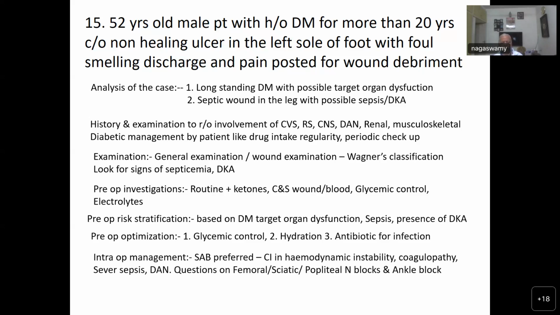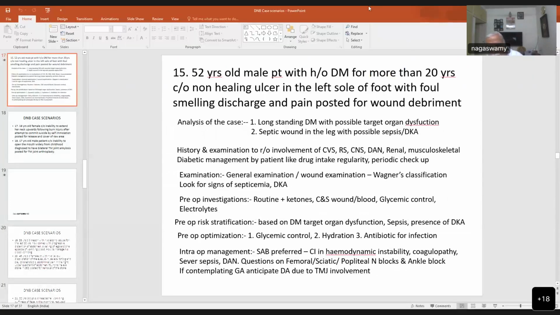Don't mention ankle block as a choice of anesthesia at all. You can safely mention femoral, sciatic, popliteal, and nowadays we have other blocks like lower paravertebral blocks, 3-in-1 blocks. All these things are there. So this is the standard answer that is expected out of you. So please remember that.